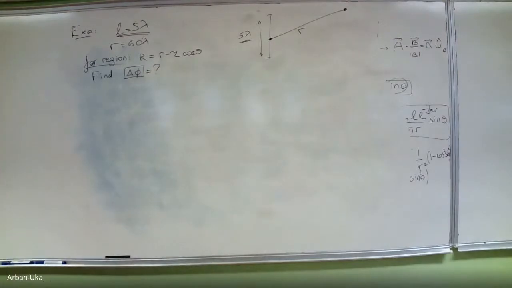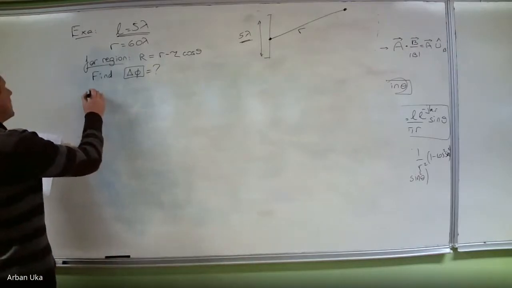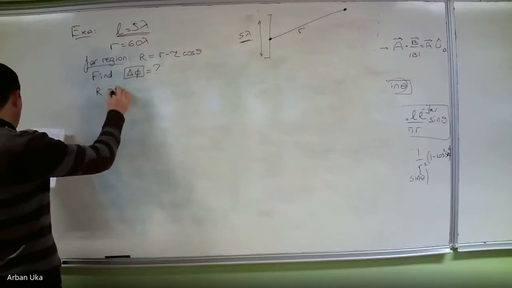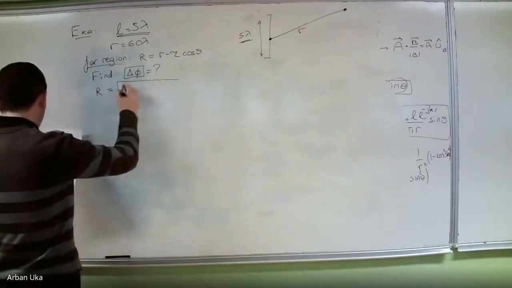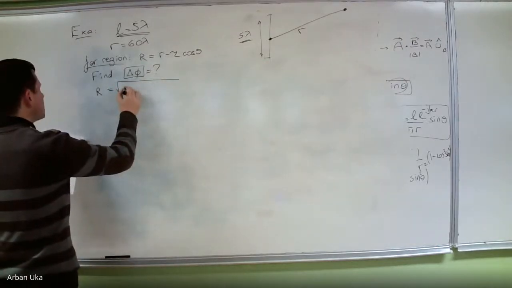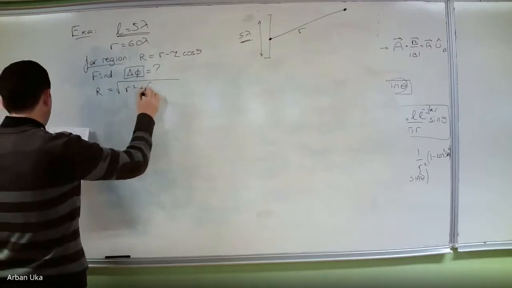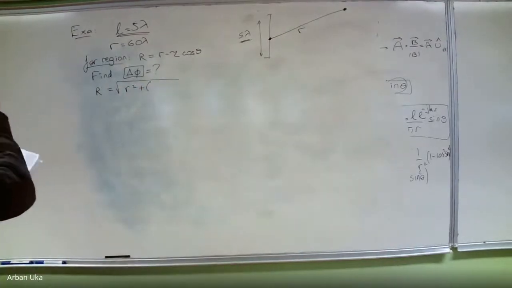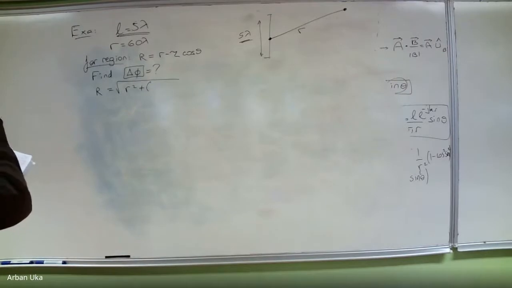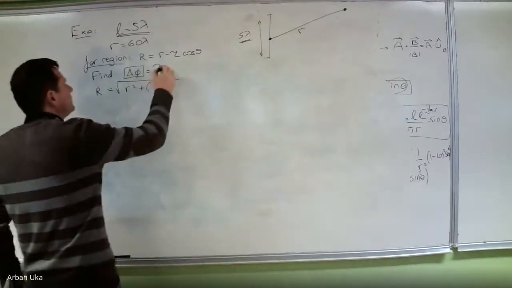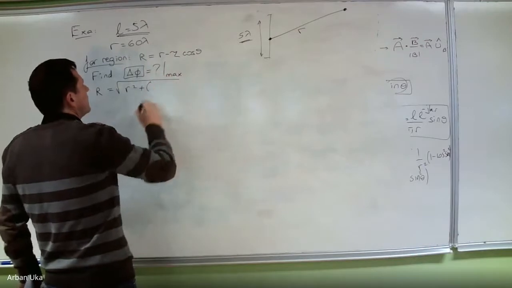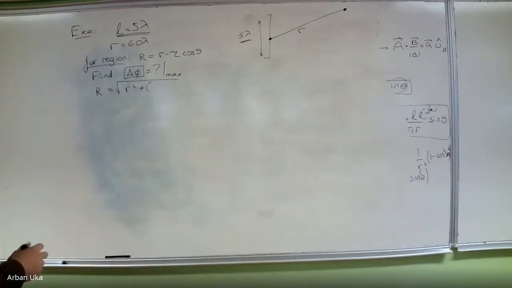Now, in this case, we have an R, and the expression without using any approximation is the following. We have R squared plus... and by the way, let's assume the maximum phase change. Okay, so let's add also this one, the maximum phase change.